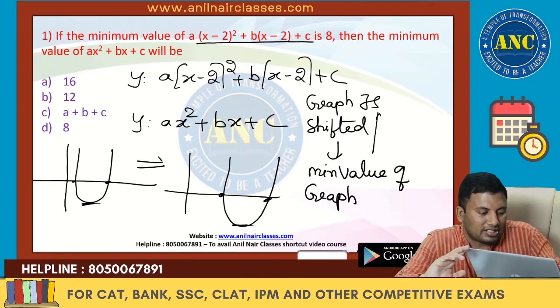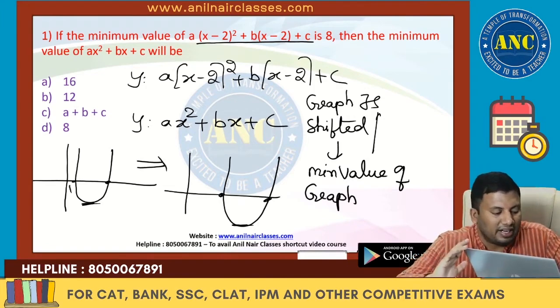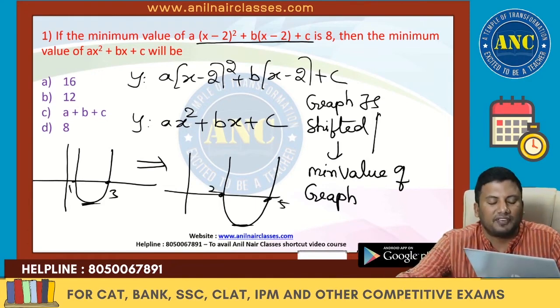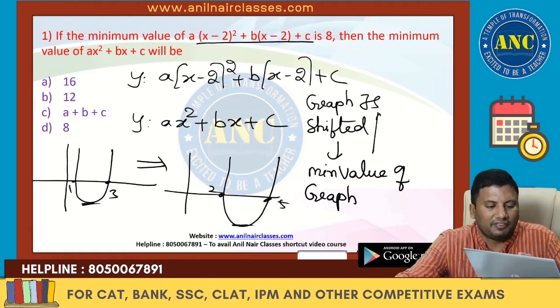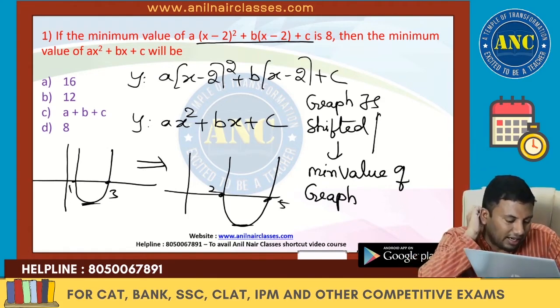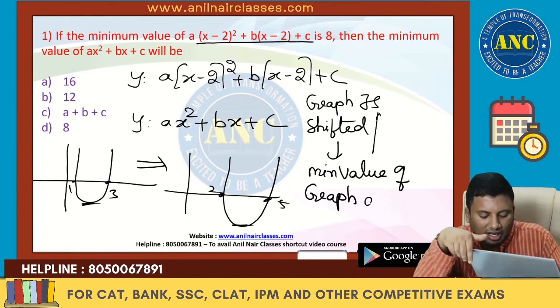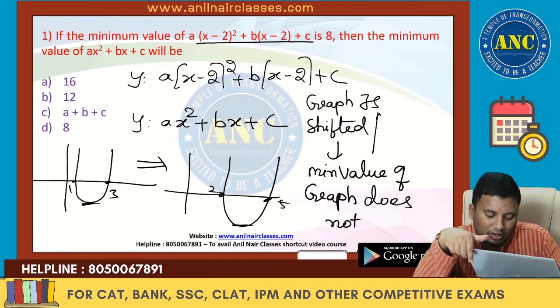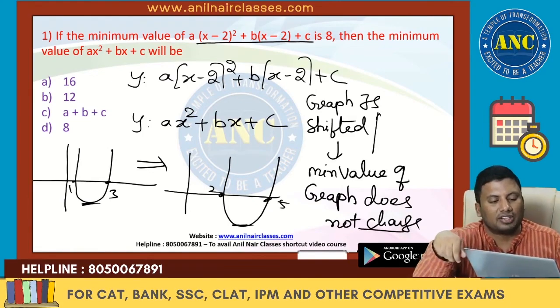I hope this example is clear. Suppose it is at 1, 3, this is at 2, 5. The graph is just shifted by 2 units. If the graph is shifted, the minimum value of the graph does not change.